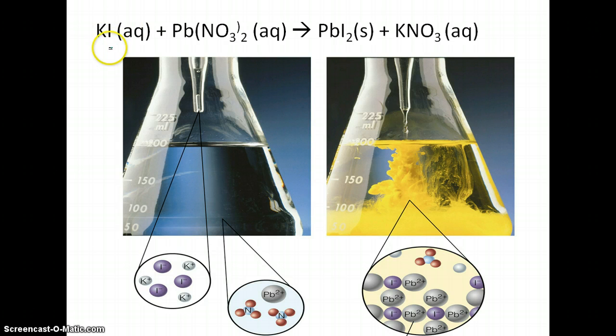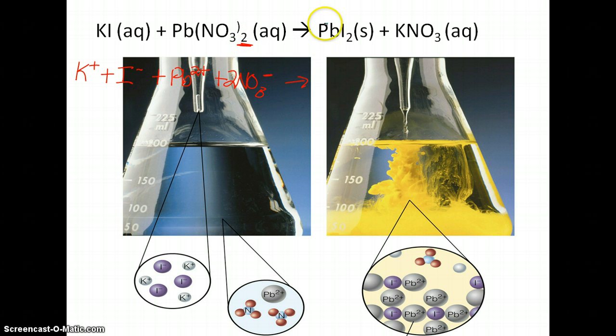All right, we're not dealing with any acids or bases here, and we know that aqs are going to break up completely, so KI breaks up into K+ and I-. And then here again, lead nitrate is soluble, so we're going to get Pb2+ and NO3-. Now there are two of those from here.